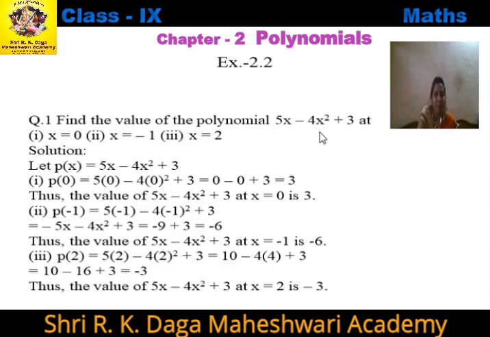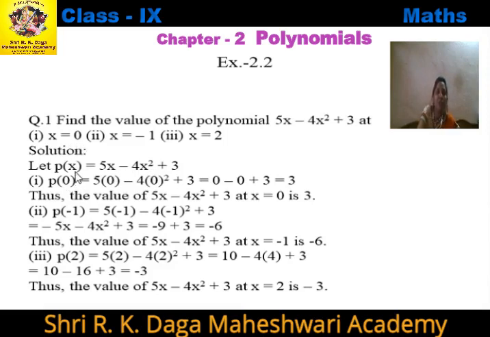We have been given a polynomial and we have to find out the value of this polynomial at different values of x. So first of all we will put the value x equal to 0 in this polynomial. Let p of x equal to 5x minus 4x square plus 3. First we have to find the value at x equal to 0.